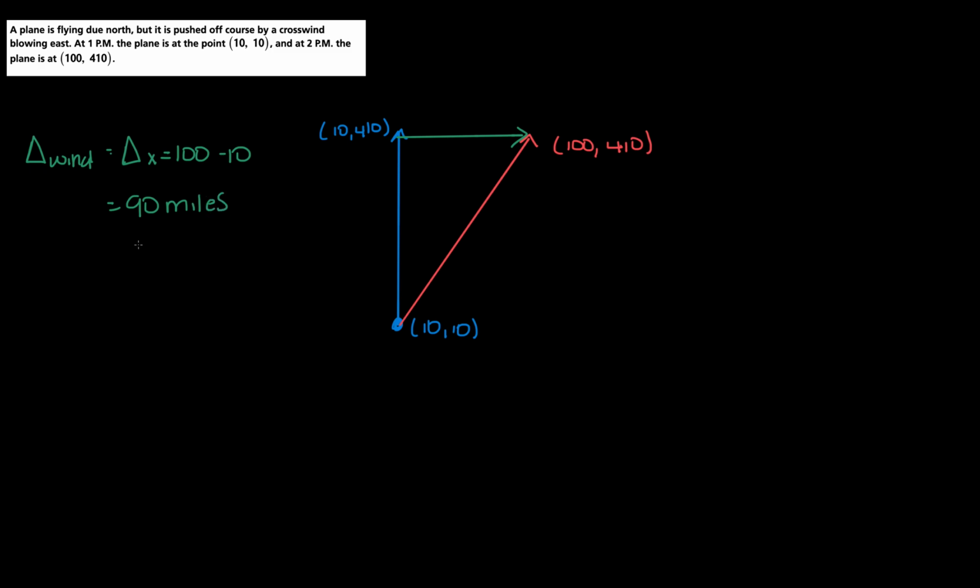Now 90 miles does not give our speed. We want speed, which is distance over time. Looking at our word problem, we have 1 p.m. and 2 p.m., so that's an hour's time.